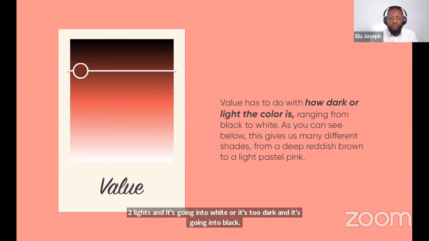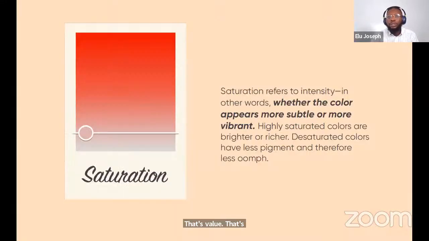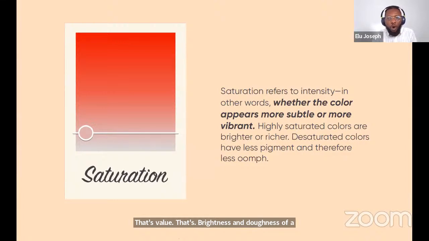That's value. Saturation is the brightness and dullness of a color, which is called highly saturated or desaturated. So it can be brighter or richer, or it's desaturated. Desaturated means it's tending towards being gray.